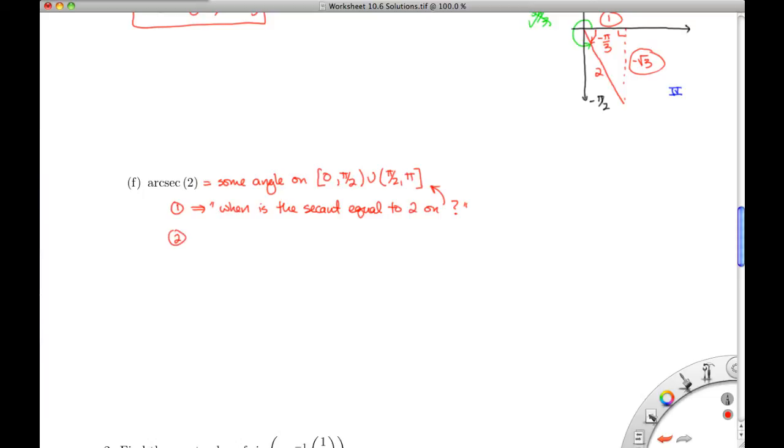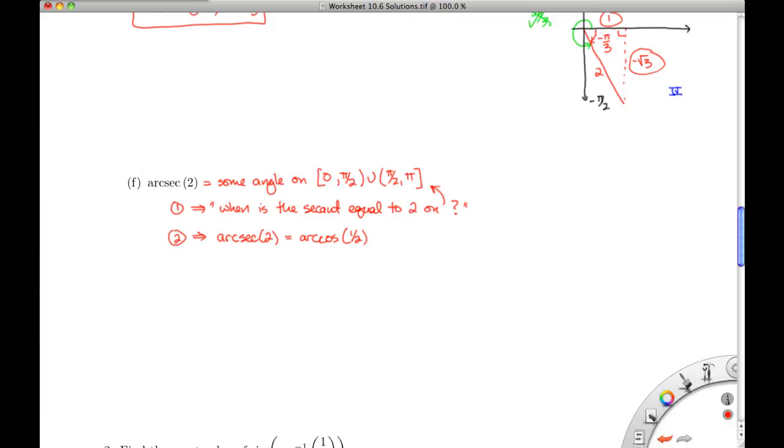If we're a little unsure with the secant and we want to think about it as either sine, cosine, or tangent, we know that the arcsecant of 2 will actually be equal to the arc cosine of its reciprocal 1/2. And this might be a little bit easier for us to stomach.